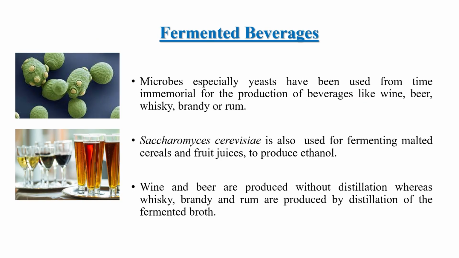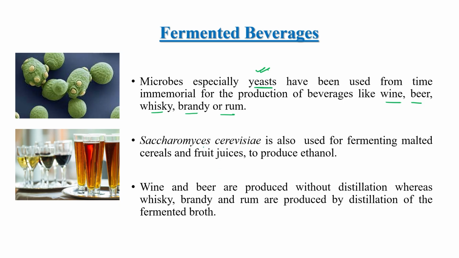So microbes, especially yeast, have been used from time immemorial for the production of beverages like wine, beer, whiskey, brandy, and rum. For the production of any kind of alcohol, mainly different types of yeast strain are useful.